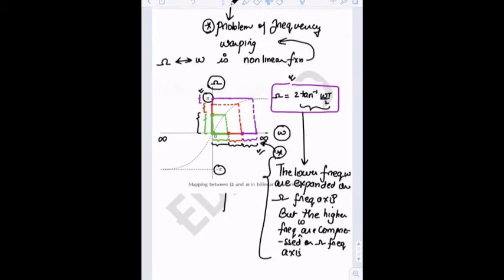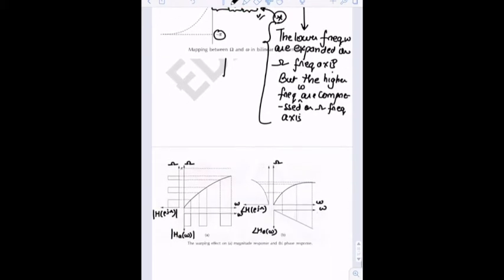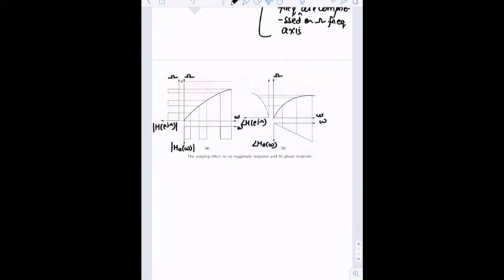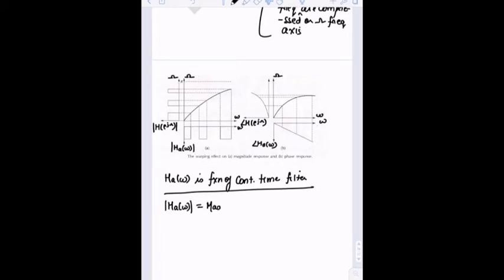Now let's look at the effect of frequency warping, that is, what will happen due to it. Let us say that HA omega is the function of the continuous time filter or the continuous time system, and the mod of HA omega shows the magnitude and the angle of HA omega shows the phase.